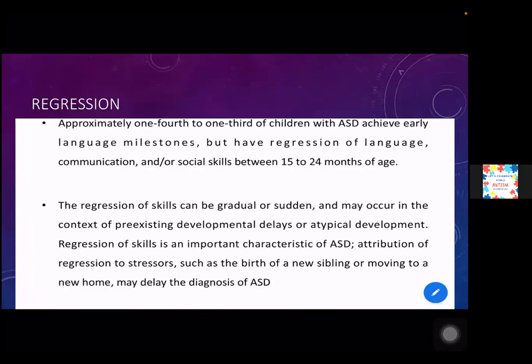Regression. Now coming to regression of milestones, which was the third point in the previous slides. Approximately one quarter to one third of children with autism spectrum achieve early language milestones, but then later they have regression of language, communication, and social skills between 15 to 24 months of age.